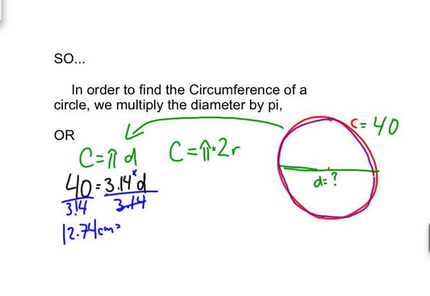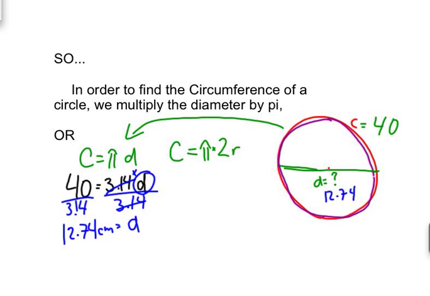These cancel each other out, leaving you just with d. So in both ways, we have been able to figure out the circumference when we have the diameter, and you can also find out the diameter when you have the circumference.